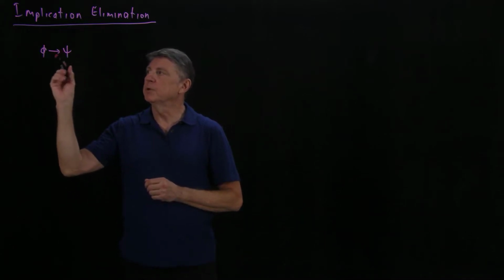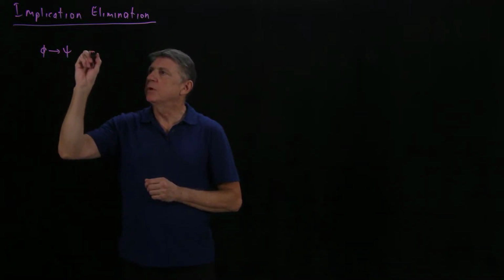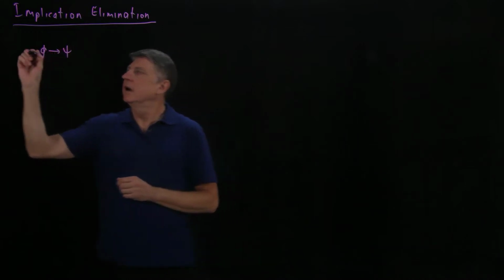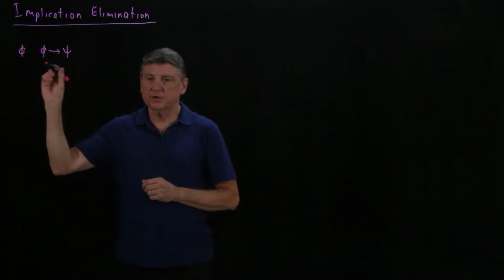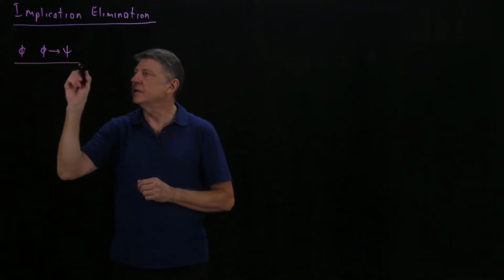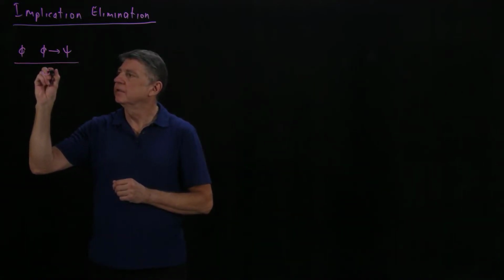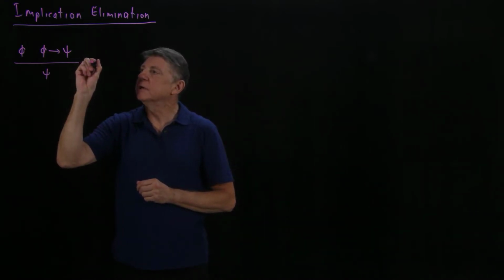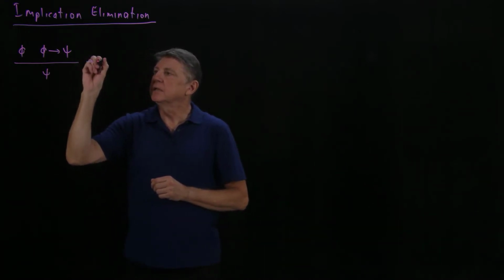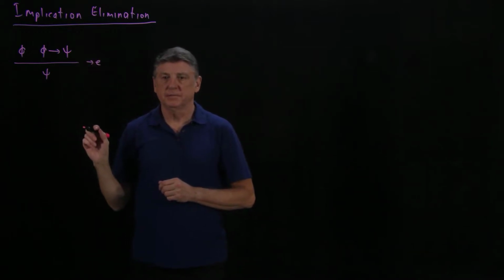And if we see a formula that has this structure, and we also see the antecedent on its own line, from that we can conclude the consequent on its own line. And that is written as implication elimination.